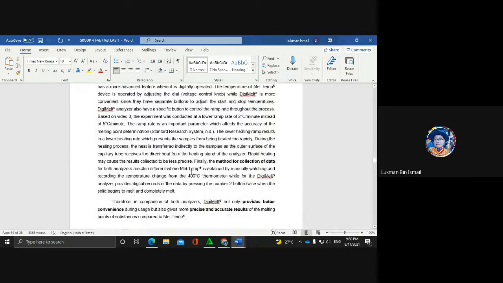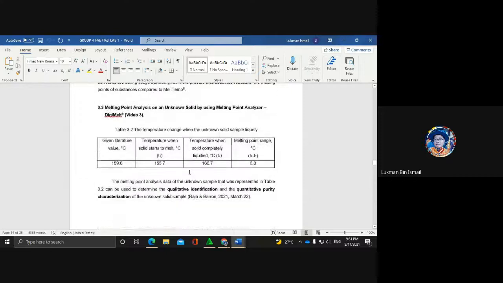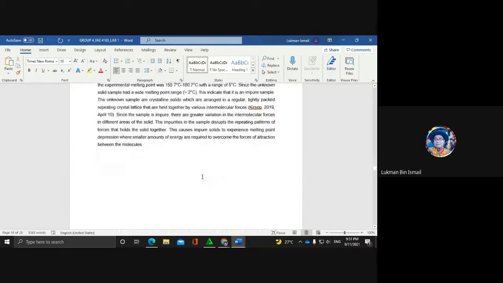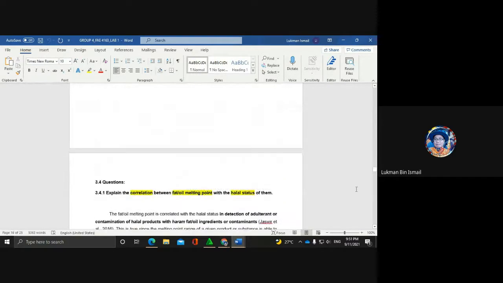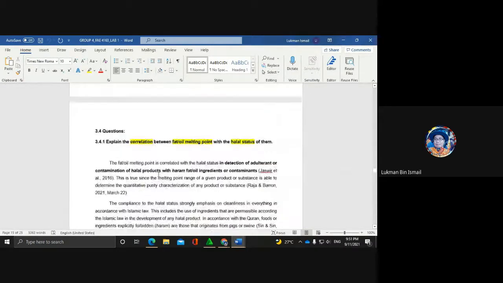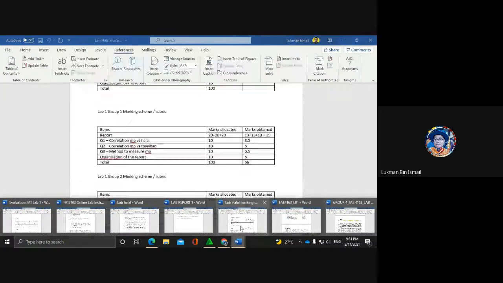Yeah, you have temperature, right? 400 degrees Celsius. And then you have video 3 of 160 degrees Celsius. Okay. So this is group 4, right? Okay, group 4. Very nice report that you have.